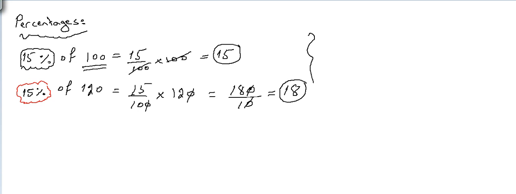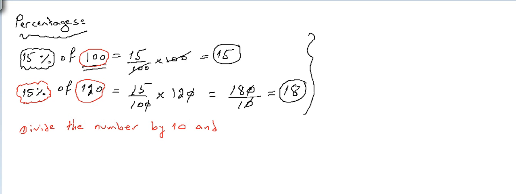Okay, how did we end up with these answers? The formula we can see here is, if we're finding 15% of any number, we just divide the number by 10, and then to the result we add half of the number.